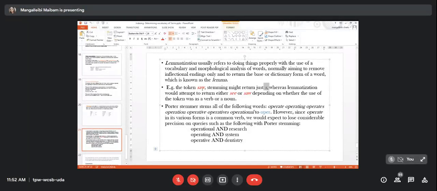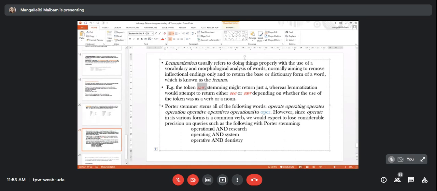Whereas if you perform lemmatization, if it is a verb, it will return see. If it is a noun, it will return this word directly. So according to this, we will perform lemmatization for this particular word.